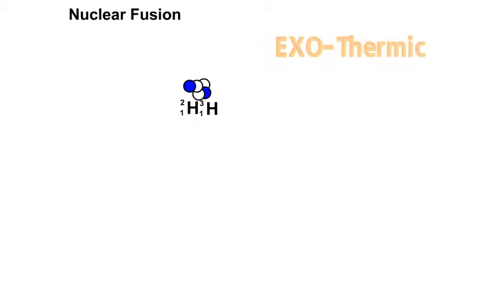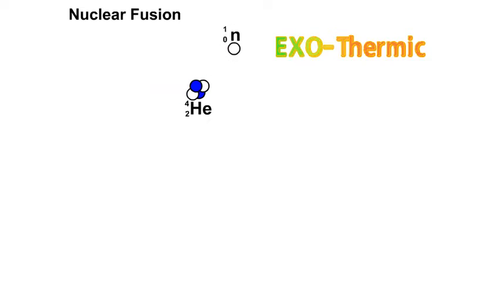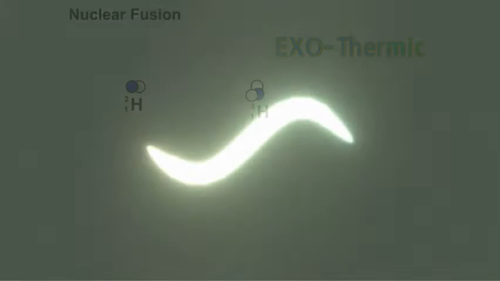So it's a nuclear fusion reaction and an exothermic reaction, which releases so much energy in the form of light and heat. This energy comes from the sun in the form of photons, or otherwise we call it energy packets.